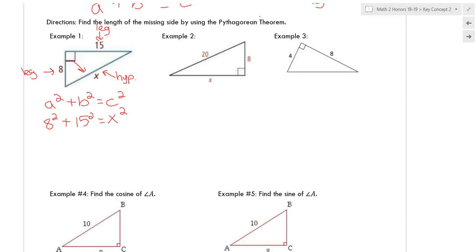So I'm actually going to square my numbers. 64 plus 225. And if you need to use a calculator to square those, that's fine. Feel free.